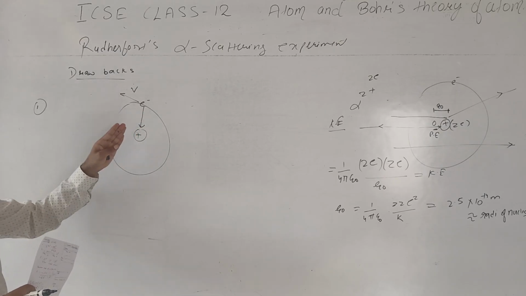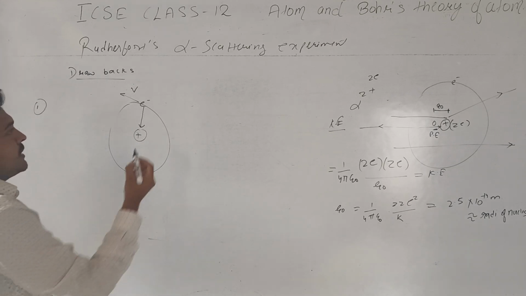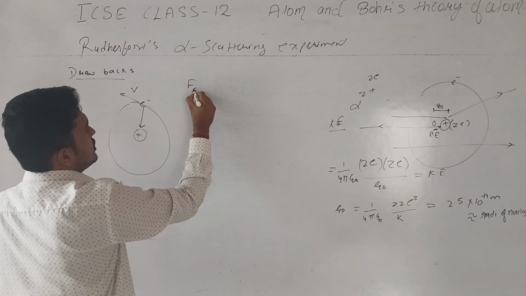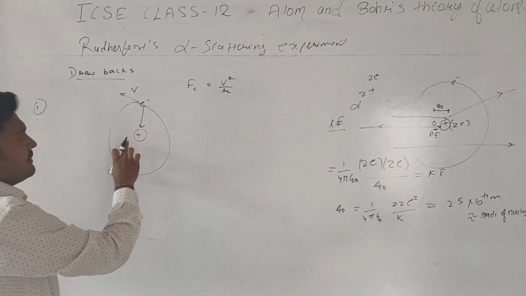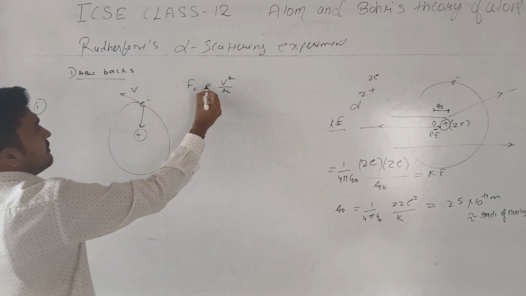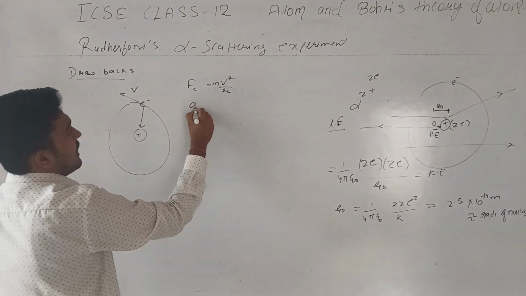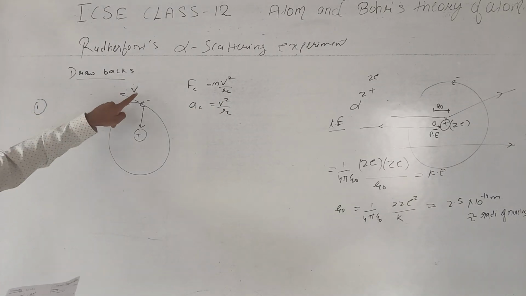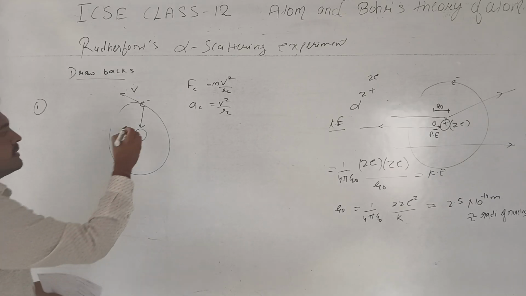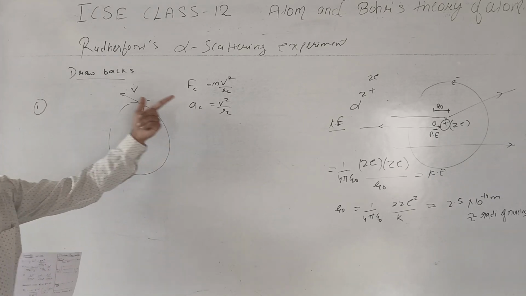because of the electrostatic force of attraction between positive and negative charge. So there is a centripetal force, and because there is a centripetal force, there is also a centripetal acceleration. mv²/R is the centripetal force, and v²/R is the centripetal acceleration, where v is the velocity of the electron and R is the radius of the orbit.